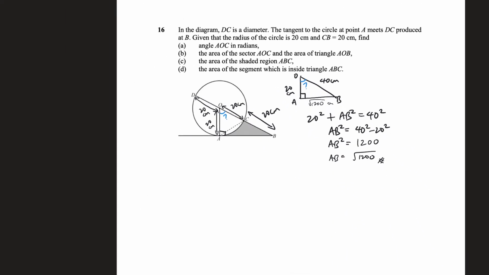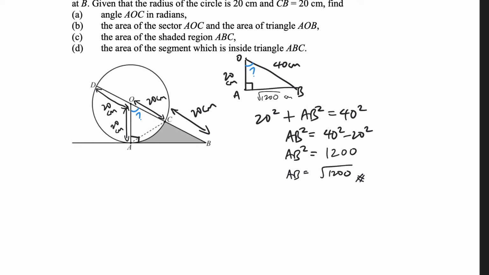And then the next thing I'm going to do is apply the sine rule. The sine of this angle divided by this length equals the sine of this angle divided by this length. Let's write it out.